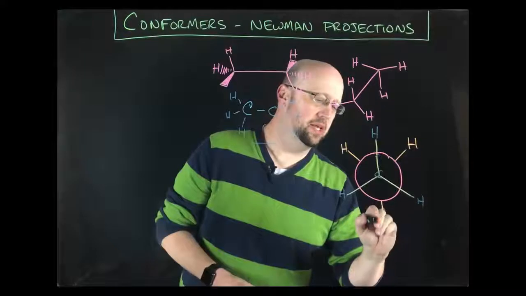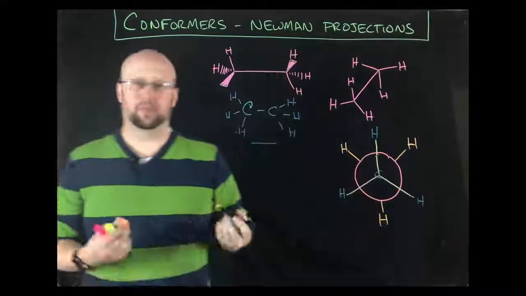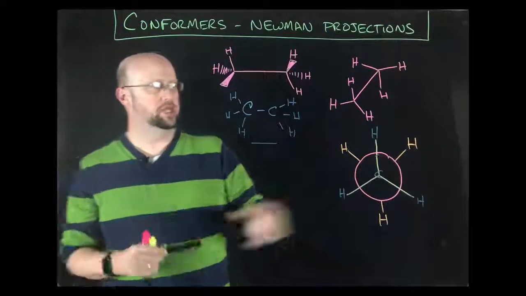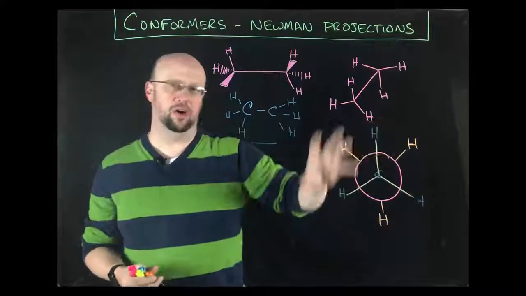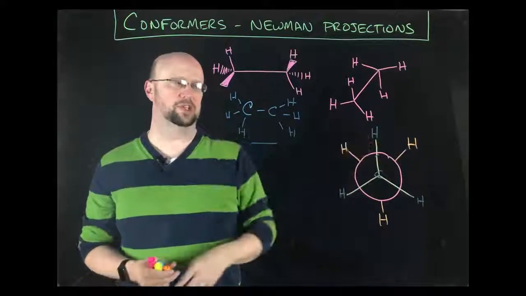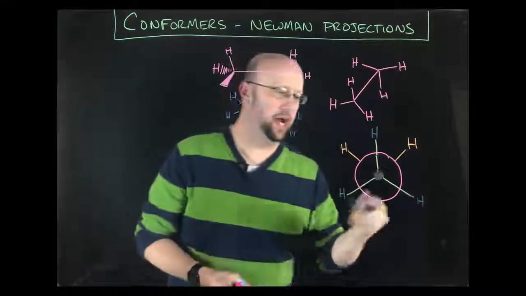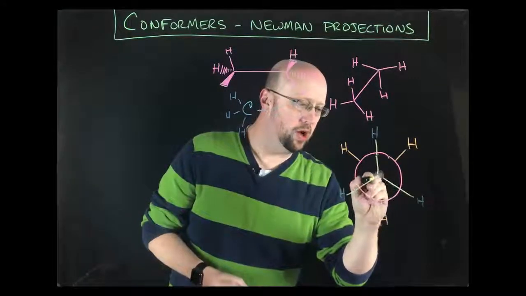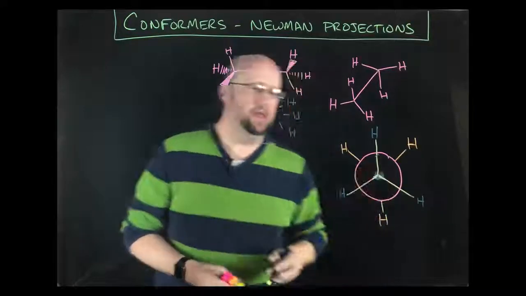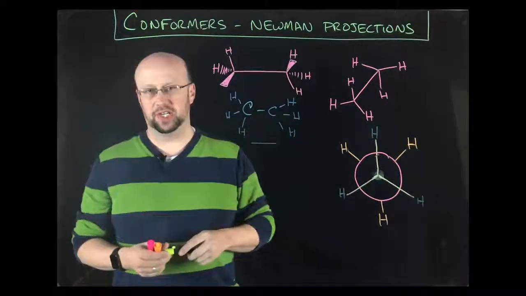And we're sort of making the assumption here that the circle is representing our back carbon. And so this gives us something to draw off of all of the rest of the stuff. So those are my hydrogens there. So if I took the C away, that initial C that I had, and we're just going to draw what would normally be in there, then we would have a Newman projection.